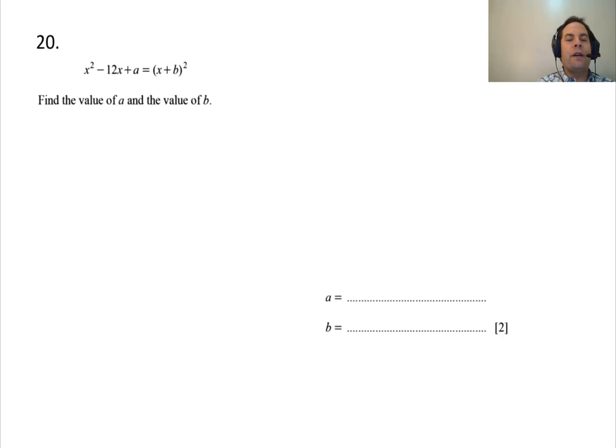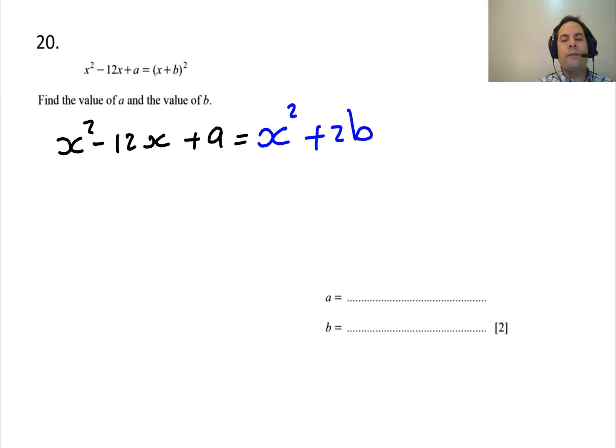The left hand side: x squared minus 12x plus a is equal to x squared plus 2bx plus b squared.